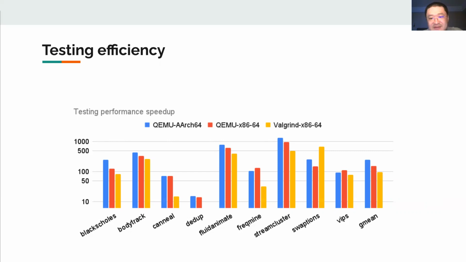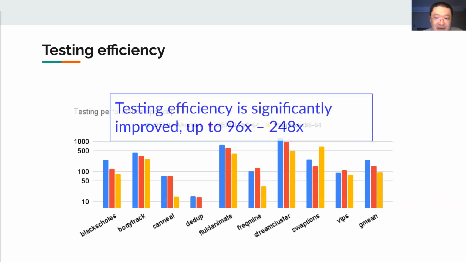Since FADATest scales down the workload hundreds of times compared to the original test, we can see significant improvement in the figure. As a result, test programs generated by FADATest run up to 96 to 248 times faster than the original benchmark programs.